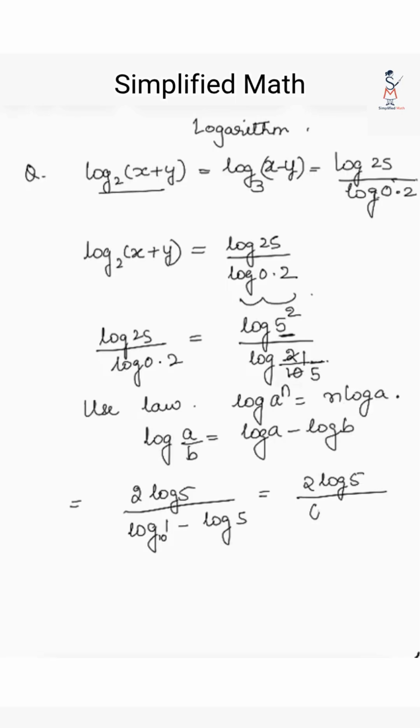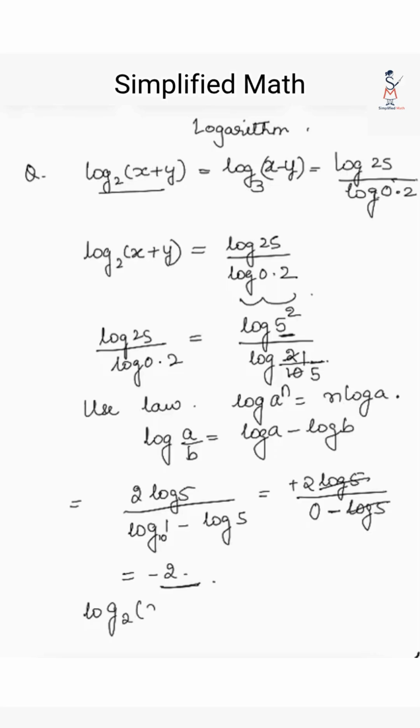Log 1 is always 0 anyways. Minus log 5. Log 5 cancels. What I am left with, plus by minus is minus 2. So now here what we got, instead of log 25 by log 0.2, I got it as minus 2.